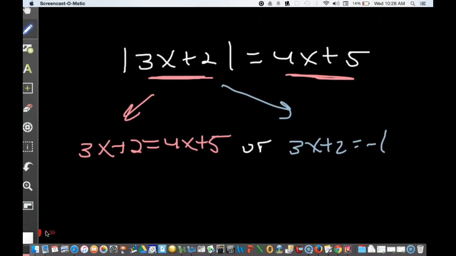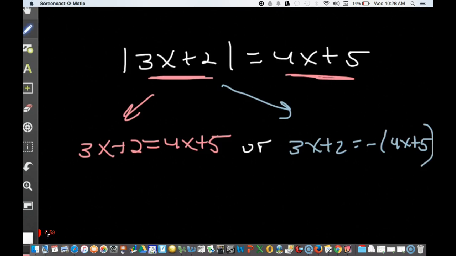I'm trying not to run off the board here, because if it's the negative of it, then when we take its absolute value, it'll become positive. So we have two resulting equations, one equal to the positive of the right side and one equal to the negative.